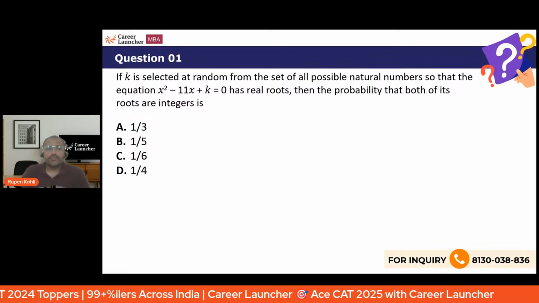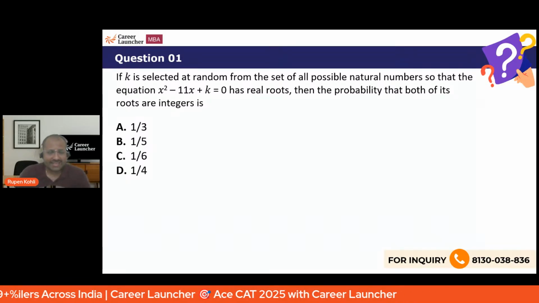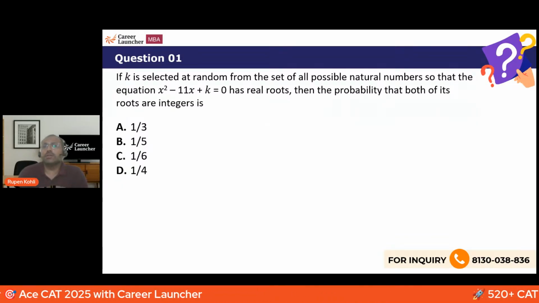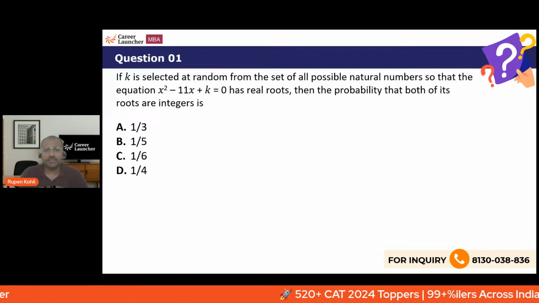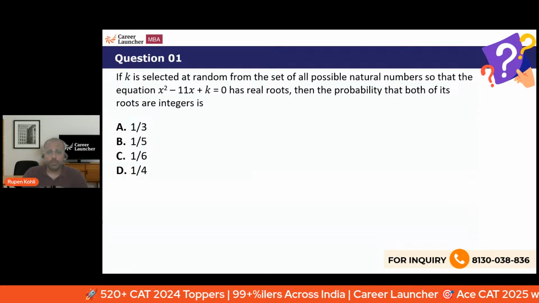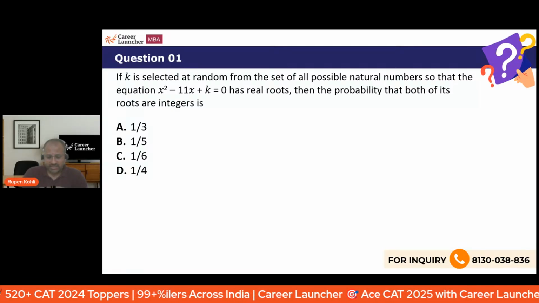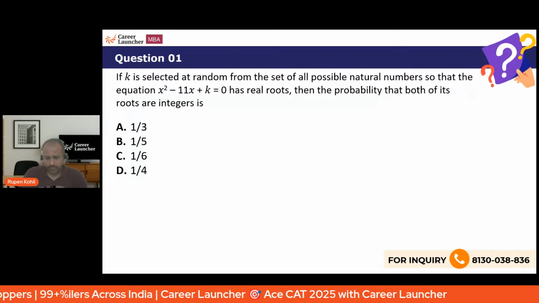Okay, so the first problem: if k is selected at random from the set of all possible natural numbers so that the equation x square minus 11x plus k equals 0 has real roots, then the probability that both its roots are integers is what, from the options.